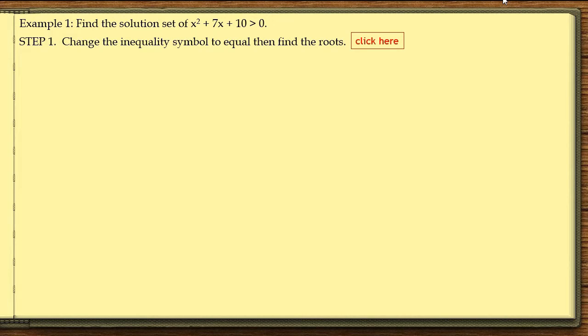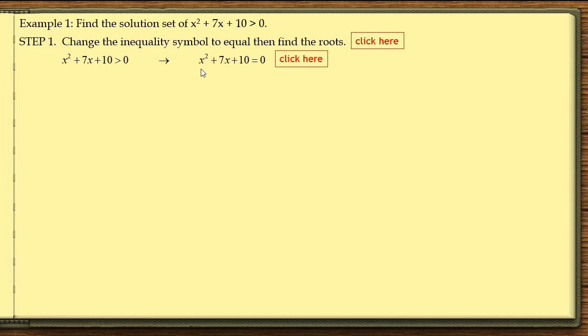Let us find the solution set of x squared plus 7x plus 10 greater than 0. The first step that we need to do is to change the inequality symbol to an equal symbol. In short, we will be converting the quadratic inequality into a quadratic equation.